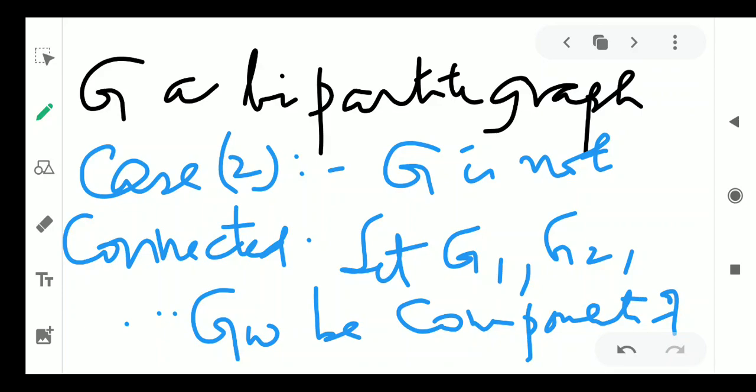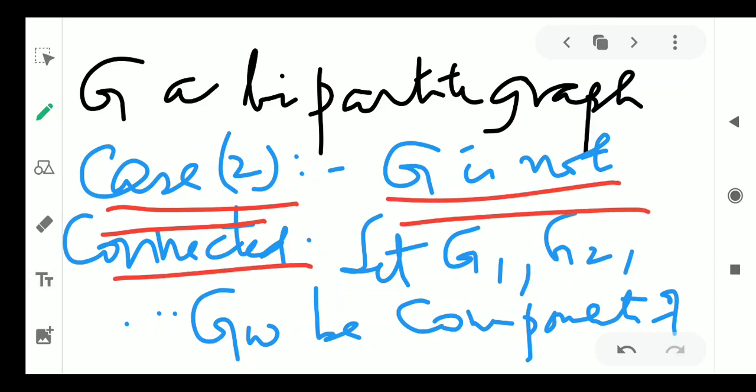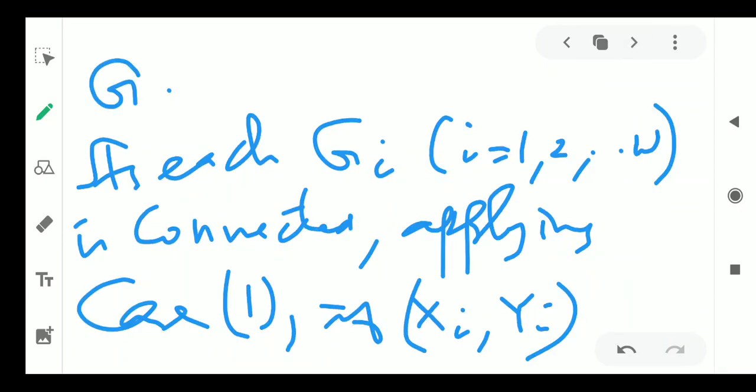Now we started with case 1 in the previous video, where G is connected. If G is not connected, it means it is disconnected, then let G1, G2, up to G omega be the different components of G. Each component will be connected.